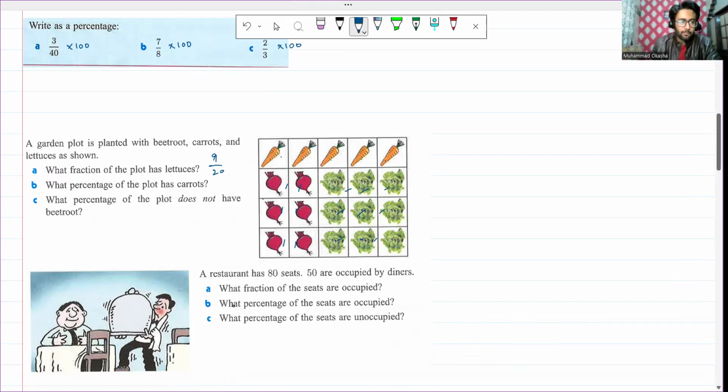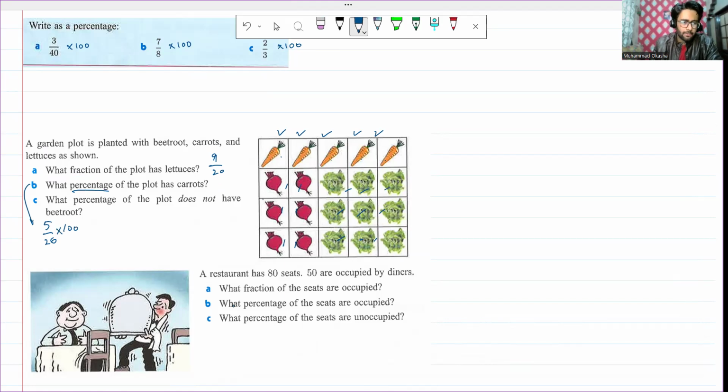Next, what percentage of the plot has carrots? Now I'm going to convert this. First of all, I'll write it as a fraction. So 1, 2, 3, 4, 5. 5 out of 20. Since I want to write it as a percentage, I'll also multiply it by 100. Okay, you can work it out.